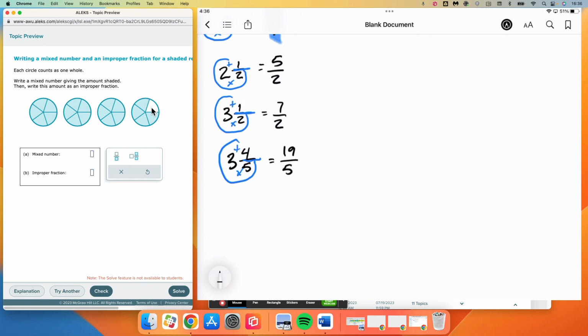Denominator stays 5. The way that I see that in the picture is 1, 2, 3, 4, 5, 6, 7, 8, 9, 10, 11, 12, 13, 14, 15, 16, 17, 18, 19 pieces. And each whole circle is made up of 5 pieces. So again, 3 and 4/5. Down here, we have 19 over 5.